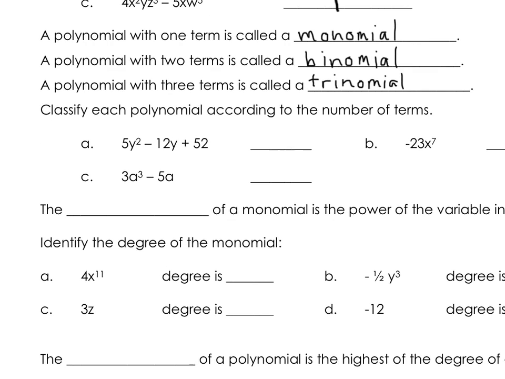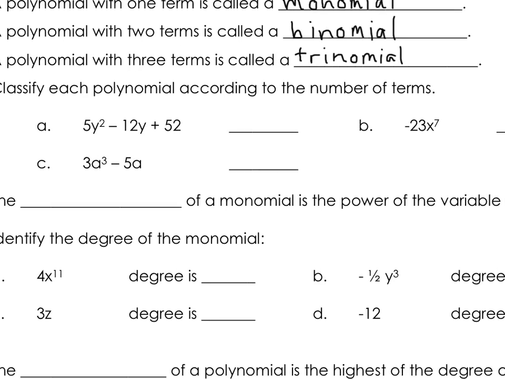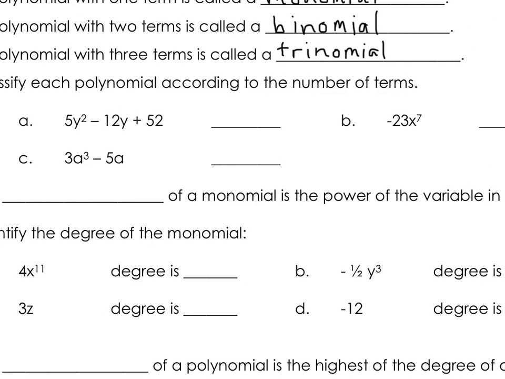Classify each polynomial according to the number of terms. So, 5y squared minus 12y plus 52. How many terms are there? There are 3. So it is a trinomial. 3a cubed minus 5a.